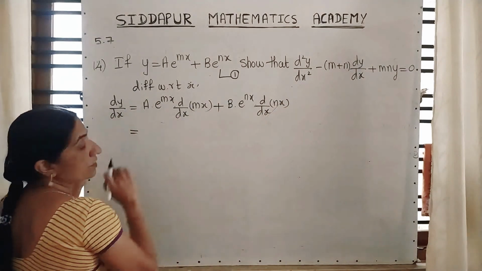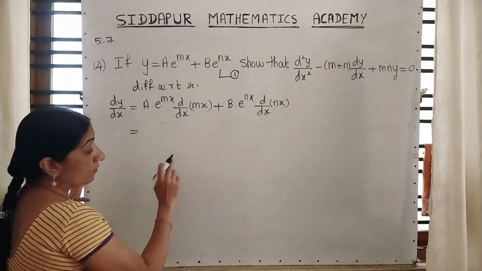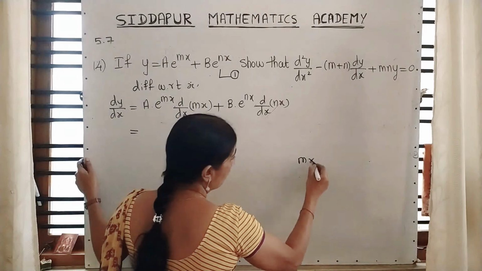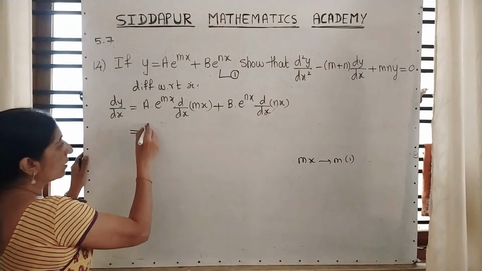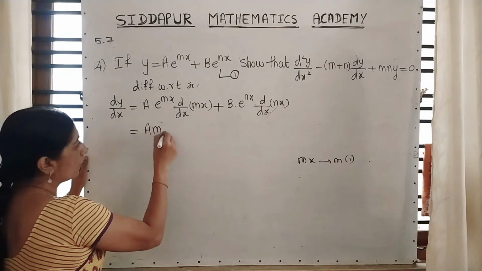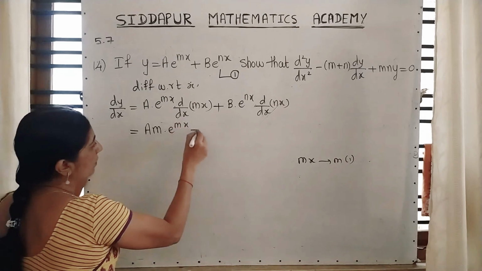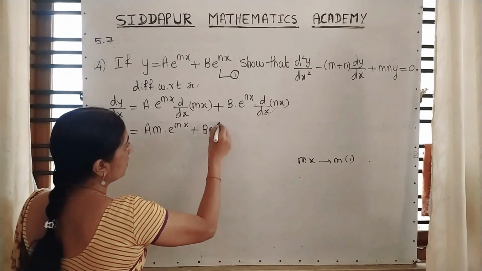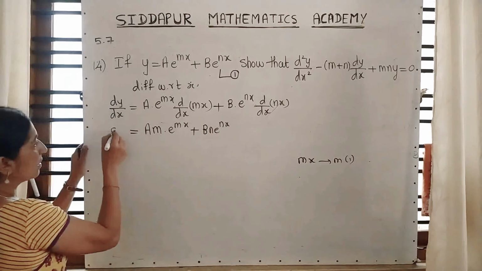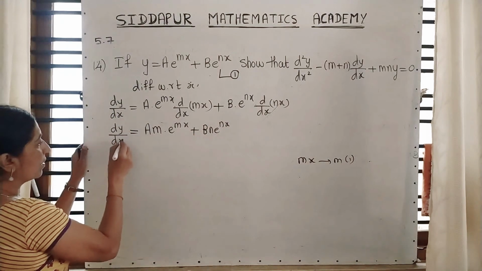See, what is the differentiation of mx? m, because m into x, m constant, differentiation of x is 1. So it is a, that m I am writing here only, e raised to mx plus differentiation of nx is n, bn e raised to nx. This is dy upon dx.